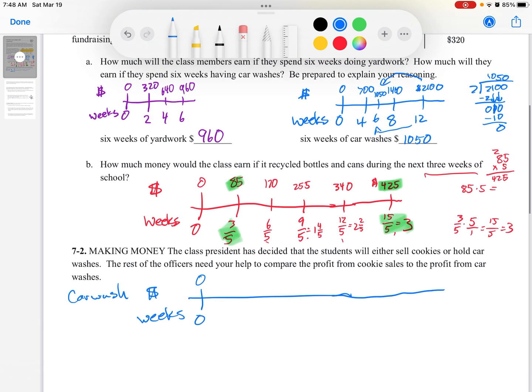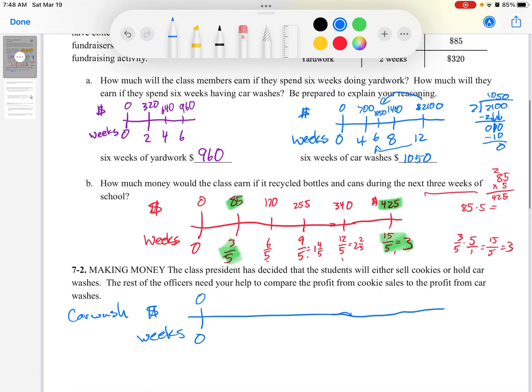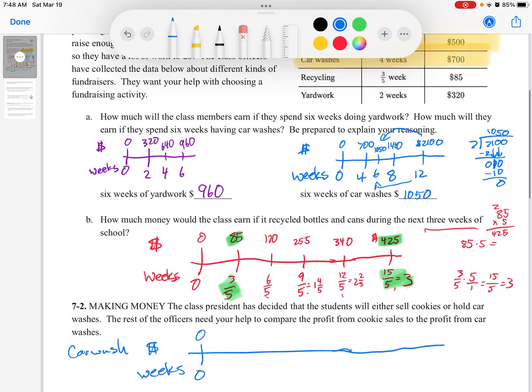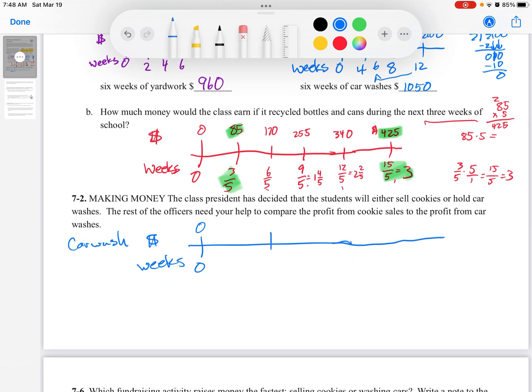So I decided to do car washes, 4 weeks at $700. All right. And sometimes what we can do is we could double 8 when we already knew this, and we could go one more time to 12, and that's 2,100. And I'm going to stop right there for right now.